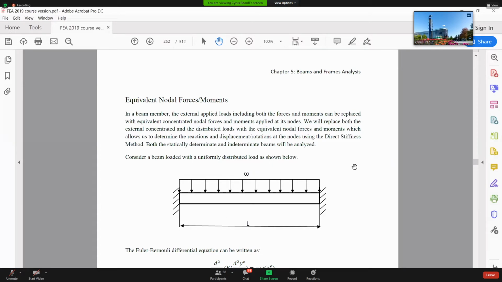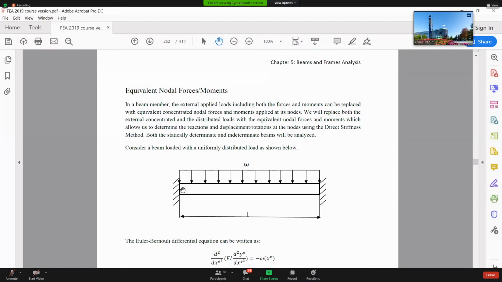I want to get rid of this distributed load. I cannot delete it, and this is a real life problem. I have that load. But what I'm going to do is find what is called equivalent nodal forces and moment. I'm going to apply those nodal forces and moment to the nodes such that the result is the same.